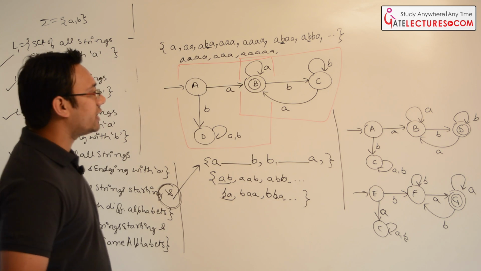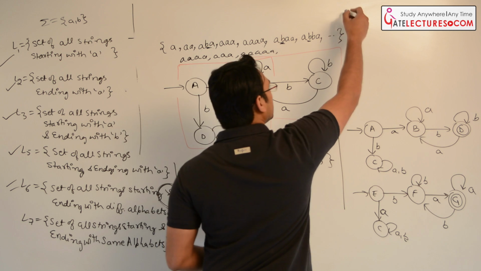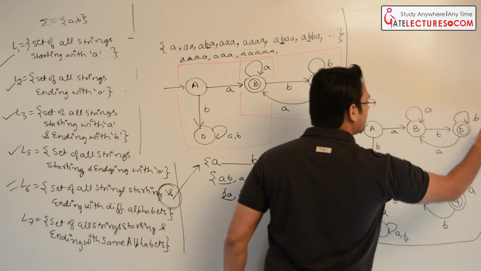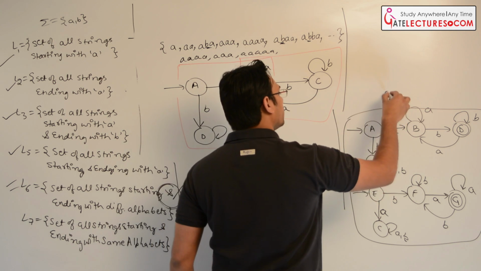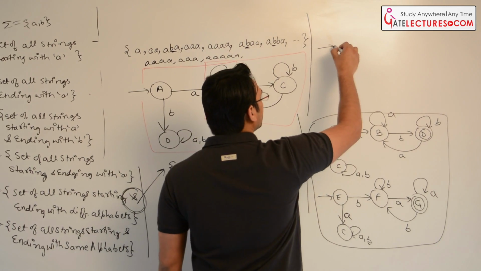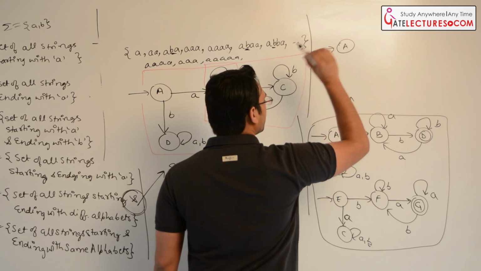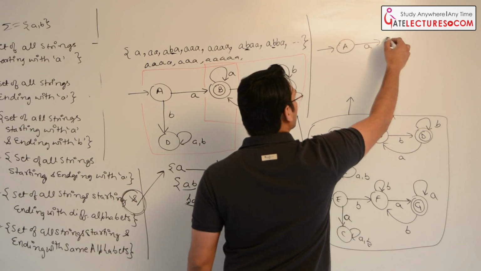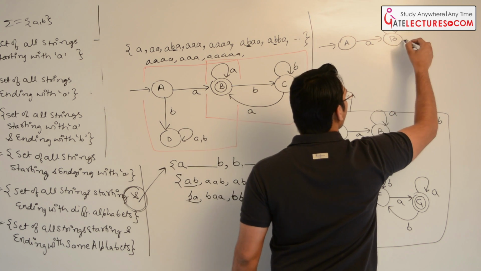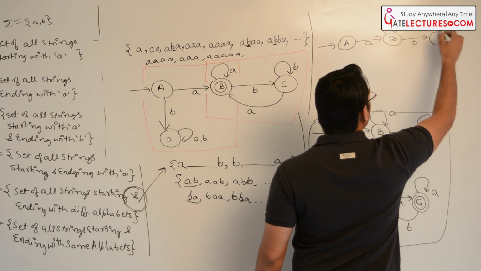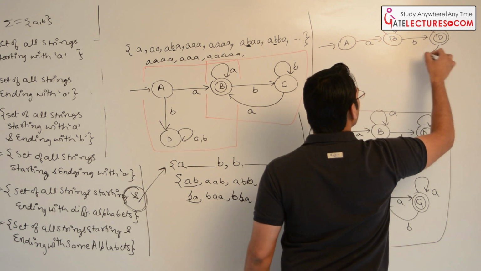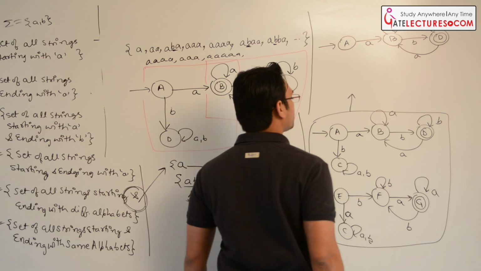So how we can combine the initial states? Just see here. We have to combine these two diagrams and make it one diagram. Fine. So how can we make it one diagram? If we are at state A, draw the one diagram similar. Fine.